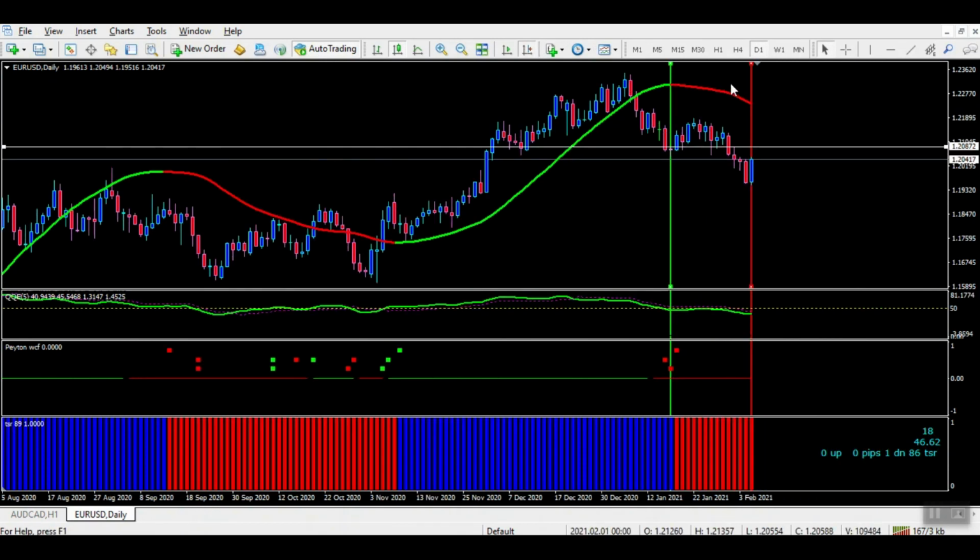See, the TSR is going down, so we're only interested in selling. Here, the TSR would be going up, so I am only interested in buying through that period of time.